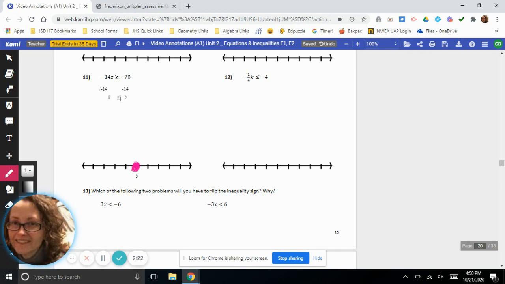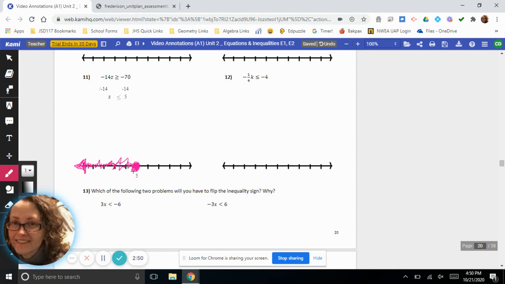So that includes my 5, and then I want my variable to be less than 5. Well, that's not a very good shading, but it'll work. And I am remembering to shade in my arrow as well, indicating that my answers will keep on going.